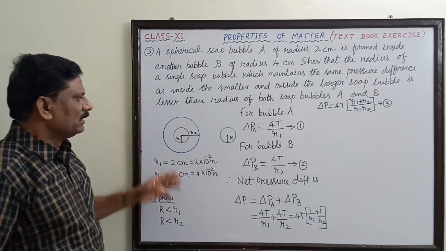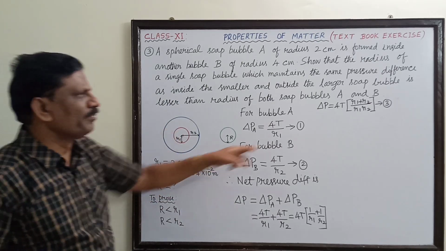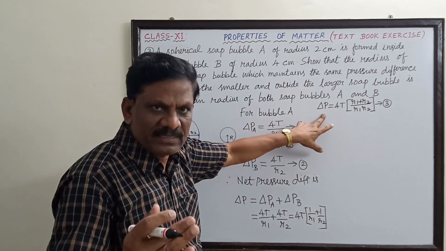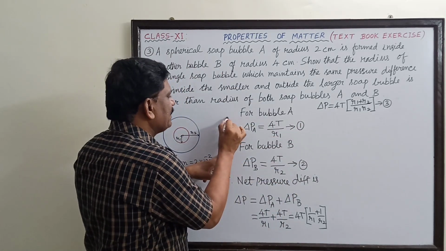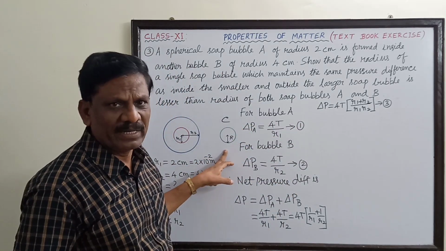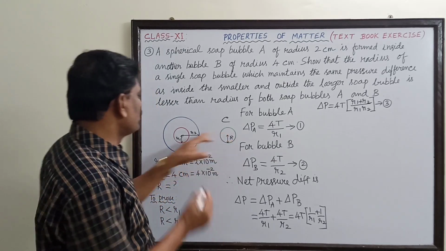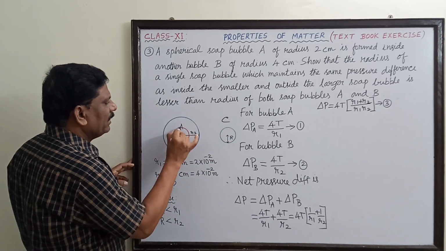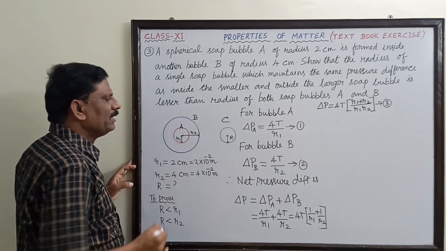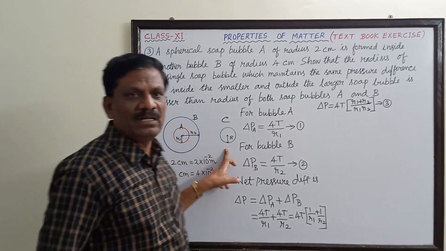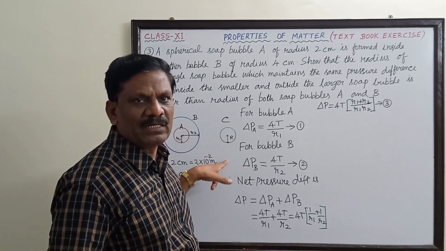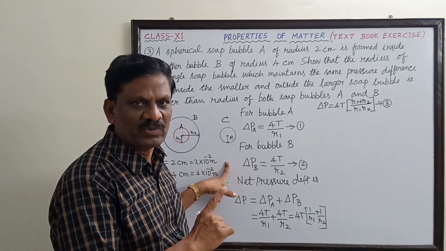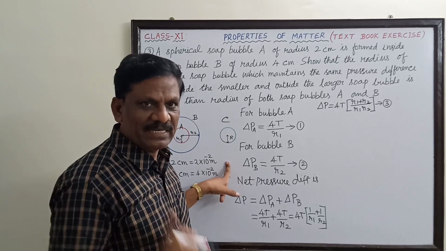Now the same pressure difference is maintained by another bubble. You may call this C, as you like. So the inner bubble is A, the outer bubble is B, and the third soap bubble is C, and its radius is R. It is also made up of the same soap solution, so it has the same surface tension.